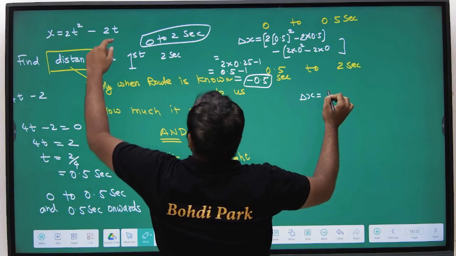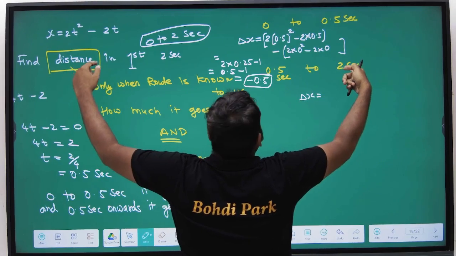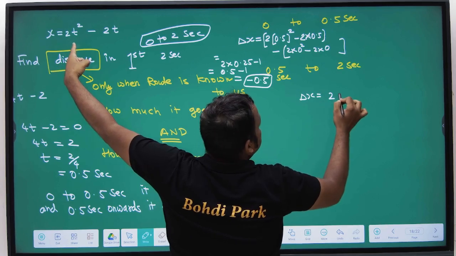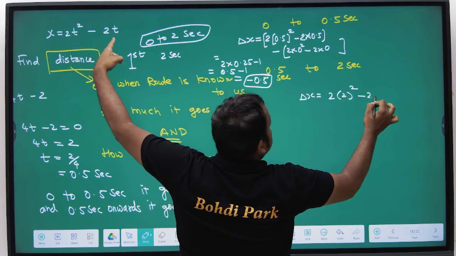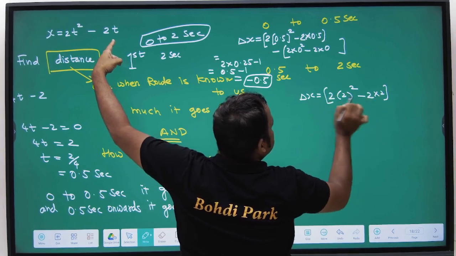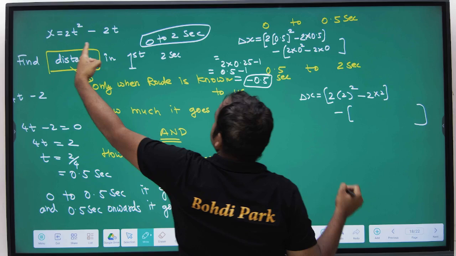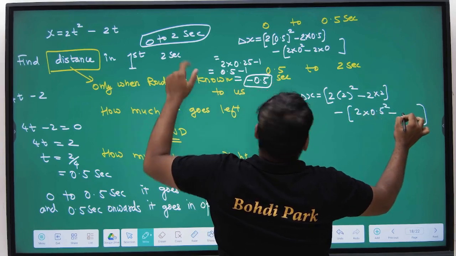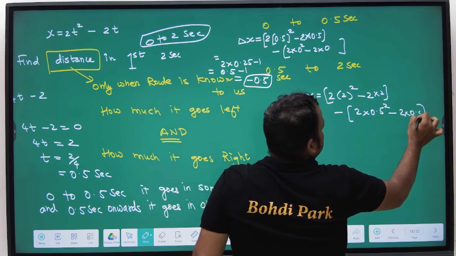Now let's calculate delta x for the second duration, which is 0.5 second to 2 second. Final value of time is 2, initial value is 0.5. So delta x will be 2 into 2 square minus 2 into 2, this is final x, then minus initial x, which is 2 into 0.5 square minus 2 into 0.5.